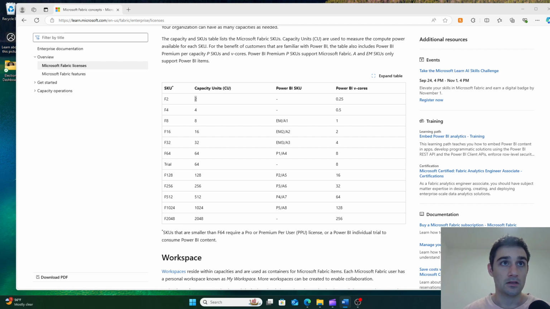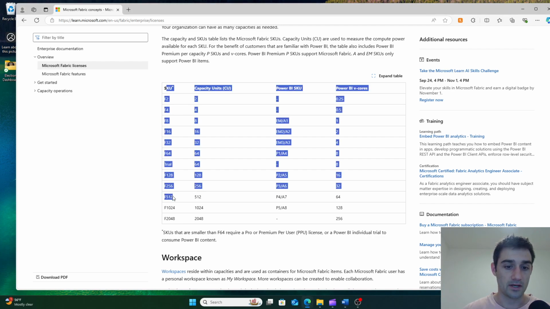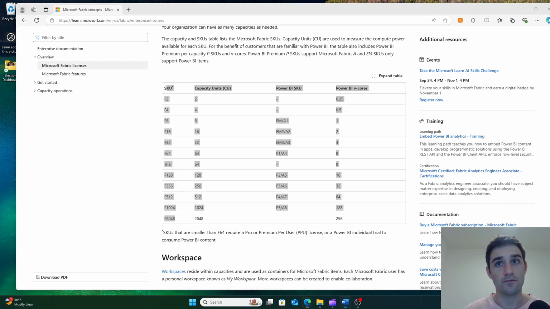So let's understand how this plays into what kind of Fabric SKU you need, which is ultimately what this video is meant to help you inform. Well, first you need to understand how many Spark vCores you're going to need. That's going to be dependent on how many objects you're creating and trying to run that utilize Spark.